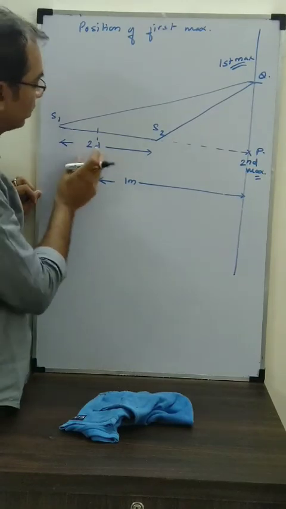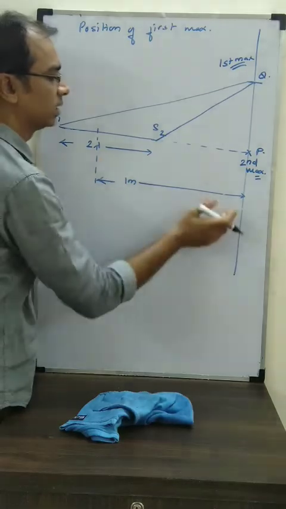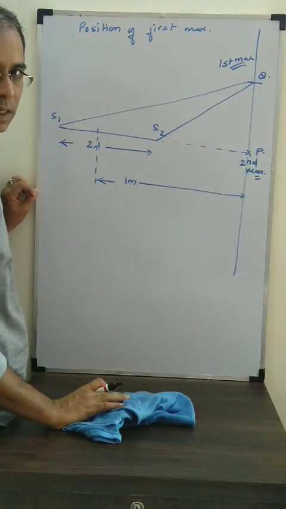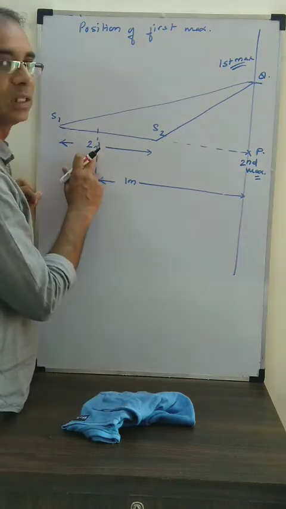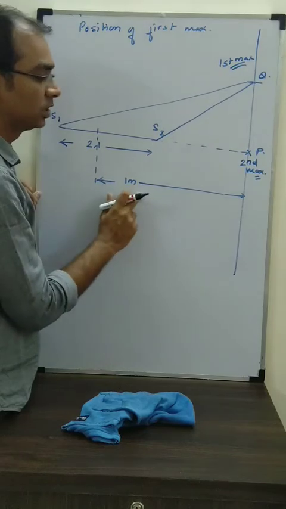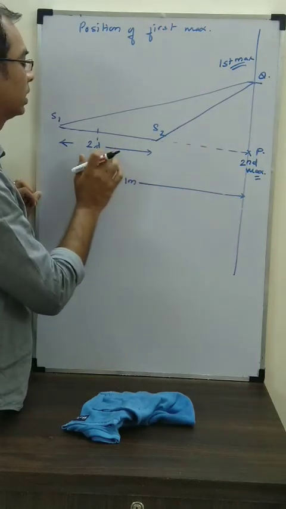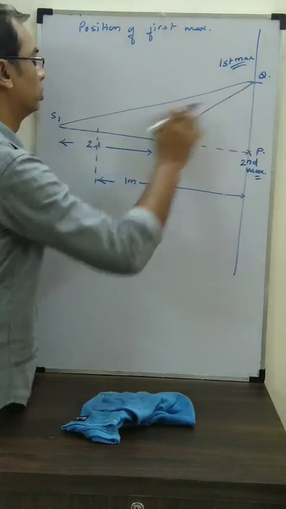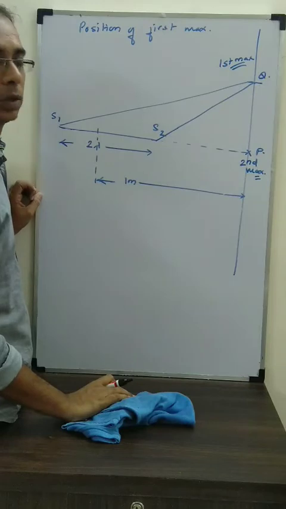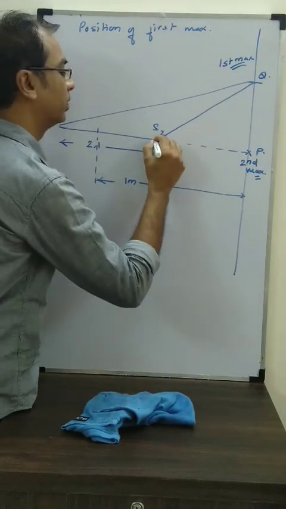Now can we say that this gap between the two sources, which is 2 lambda, is a lot lesser than this 1 meter? Yes, because lambda is normally taken in angstrom, and this is 1 meter. So this is very small. So we can say that S2Q and S1Q are almost parallel. To find the path difference, what will you do?